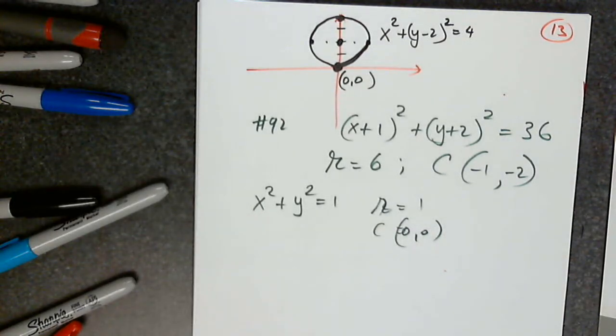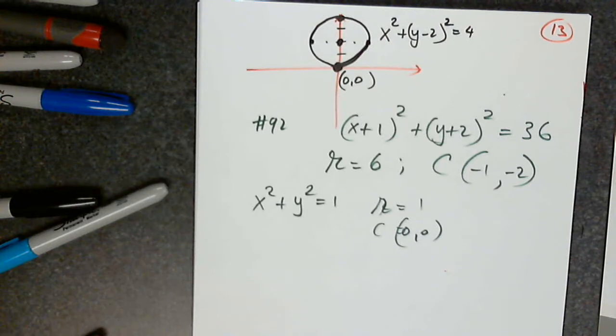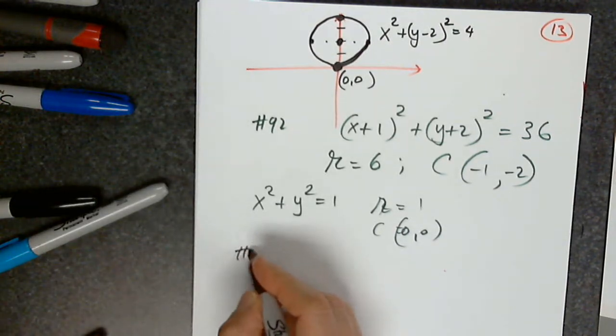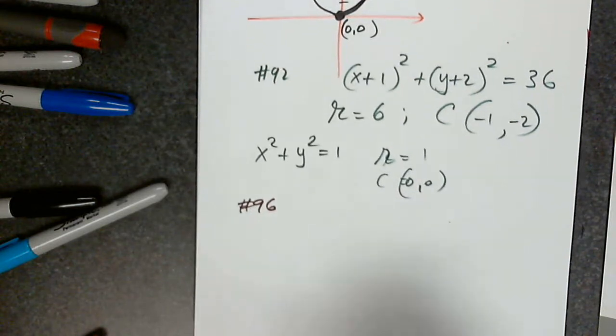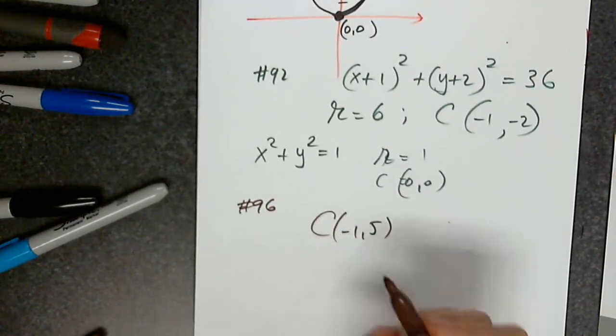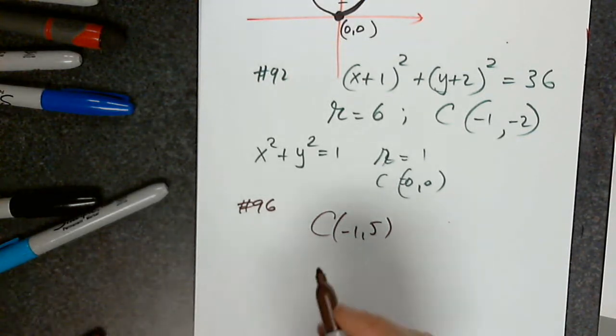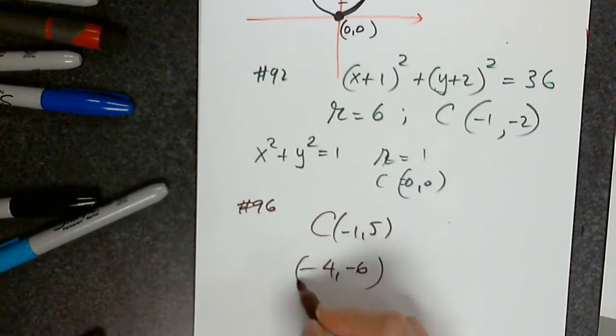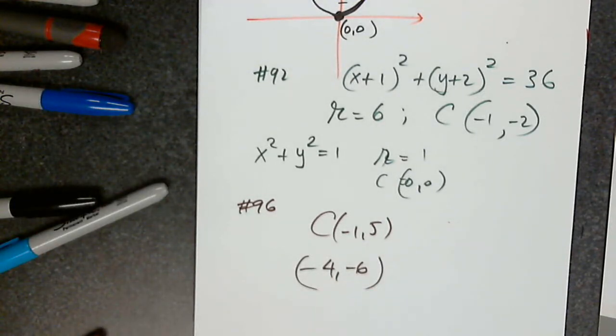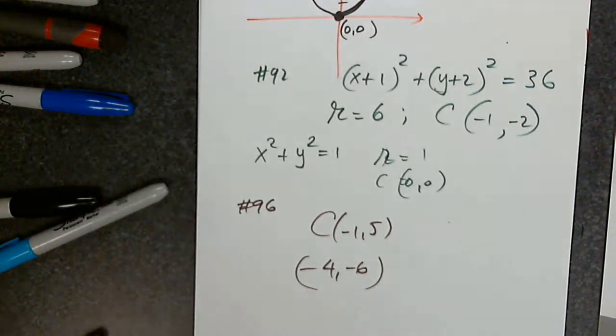It is a circle centered at the origin with a radius of 1. Very good. Okay, 96. Give me an equation of a circle centered at negative 1, 5 that passes through negative 4, comma, negative 6. Let's picture this.